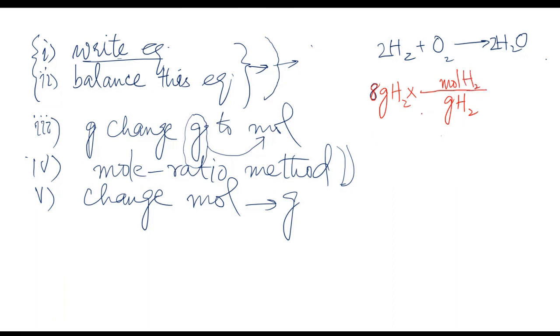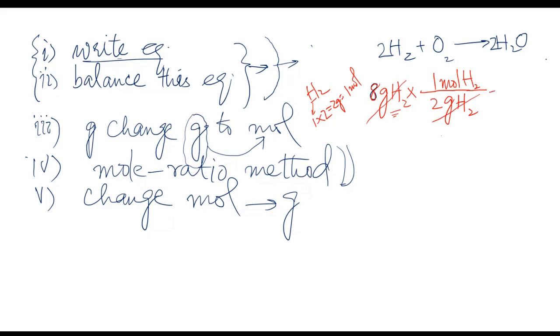I told you when you change gram to mole or mole to gram, you have to calculate molar mass. So what is the molar mass of hydrogen? 1 for hydrogen times 2, it is 2. 2 gram is equal to 1 mole. So 2 with gram and 1 with mole. Gram of hydrogen cancel.